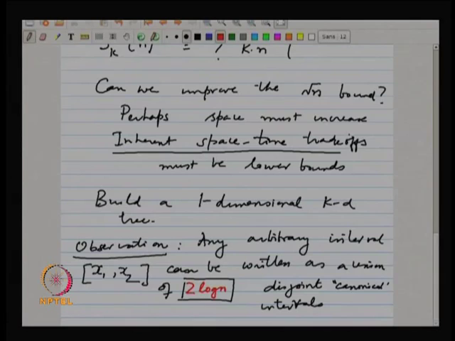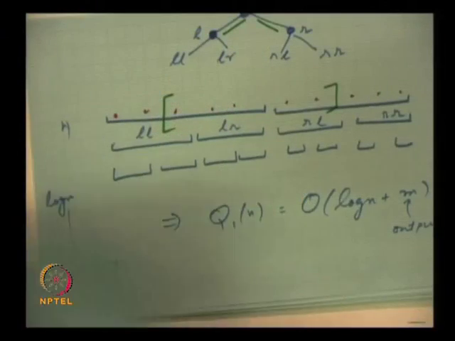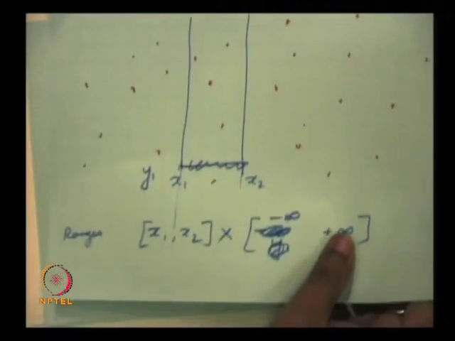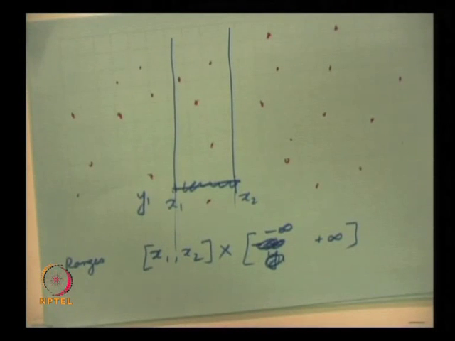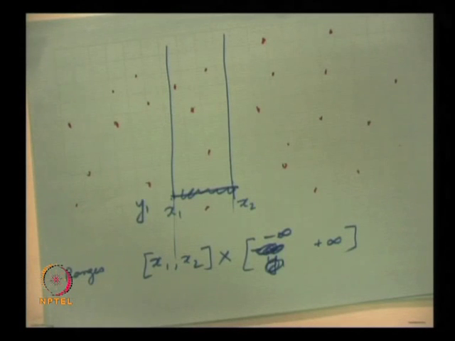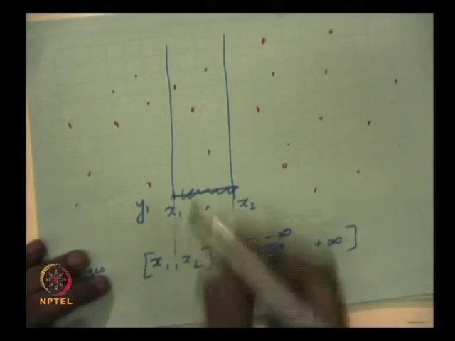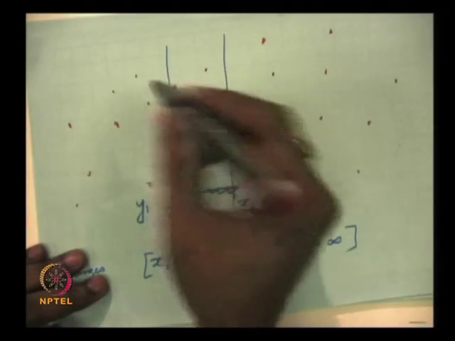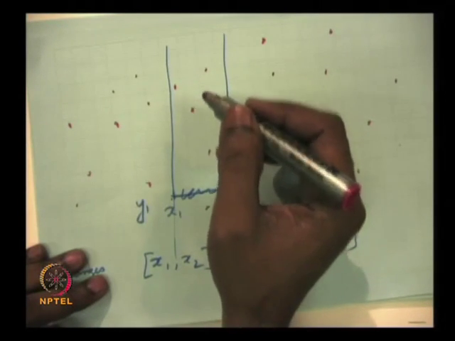Let us go back to this picture. Still this is a one dimensional problem, okay, but now we are viewing it as: this particular interval x1 x2 can be expressed as a union of some disjoint intervals, at most 2 log n intervals, right.